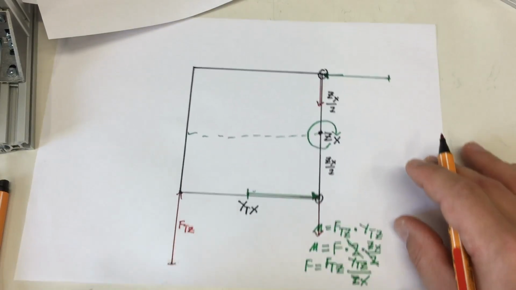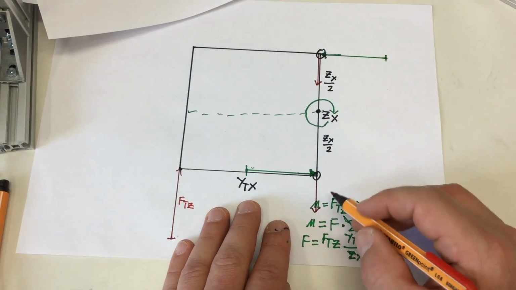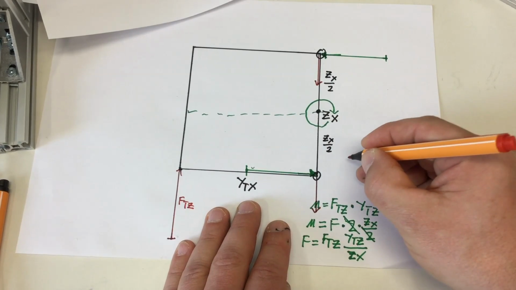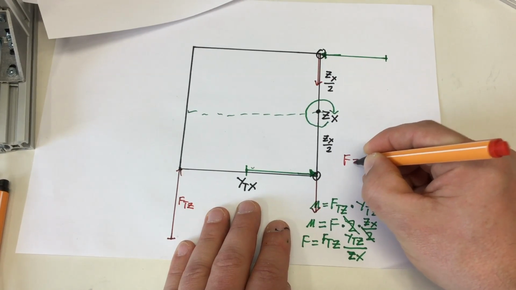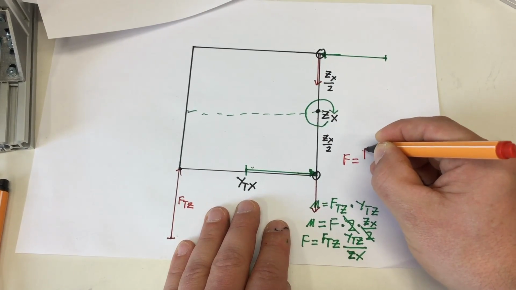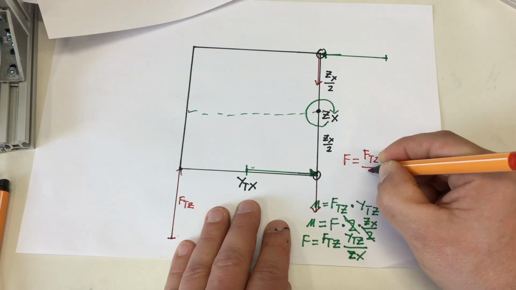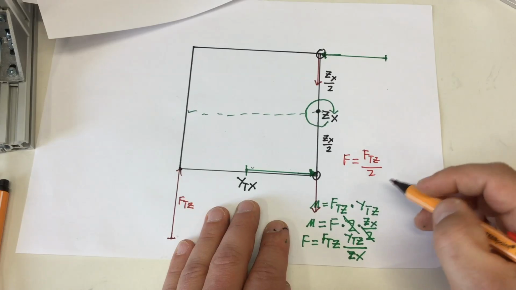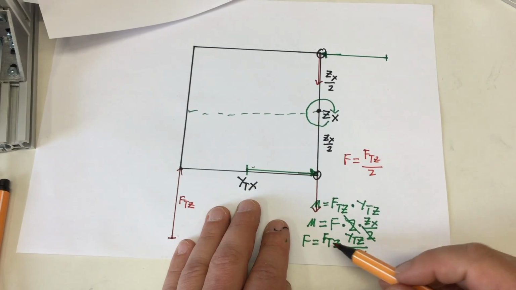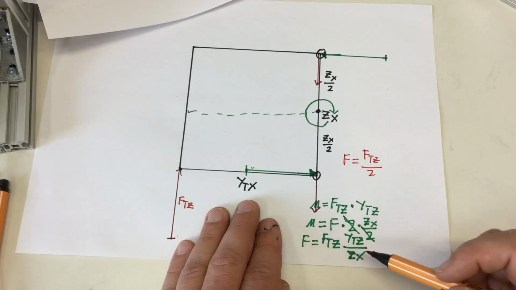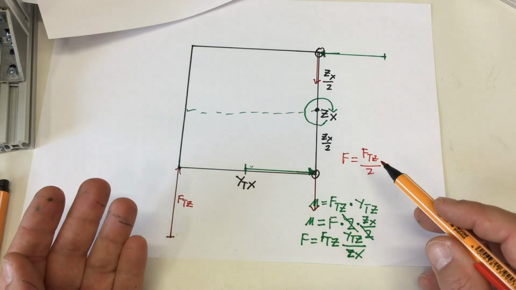And the formula for these forces would be simply, we have two bearings, this is simply that F is F T Z over 2. And formula-wise, that looks really, really simple.